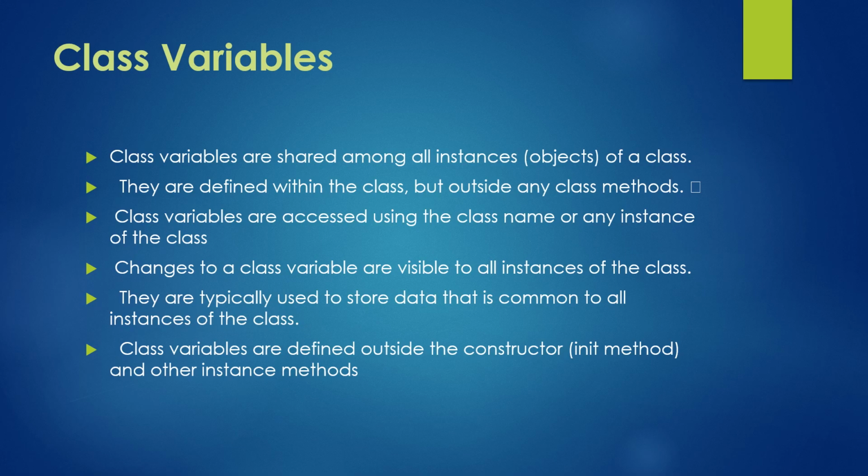Class variables are accessed using the class name or any instances of the class. Changes to a class variable are visible to all instances of the class. They are typically used to store data that is common to all instances of the class. Class variables are defined outside the constructor, that is the init method, and other instance methods.